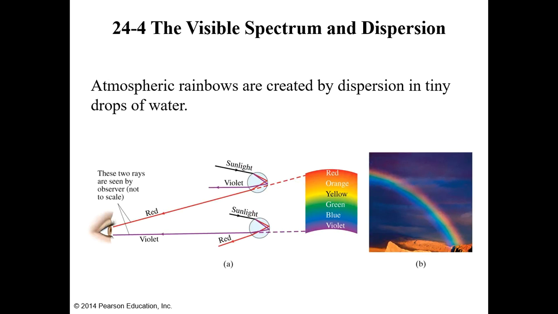And now we're ready to talk about one of my favorite things, which is what makes a rainbow a rainbow. Well, first of all, here's your raindrop right here. Sunlight comes in on the top, and it causes the light to refract.